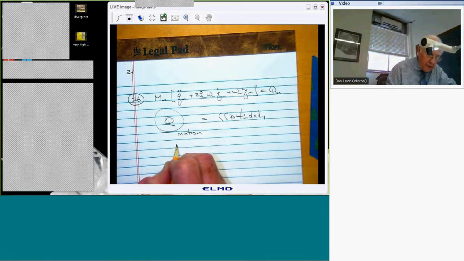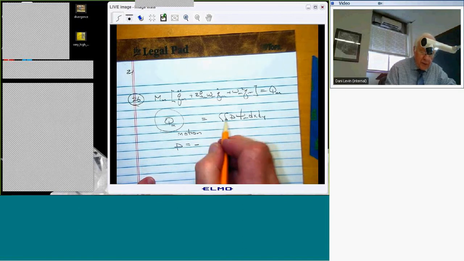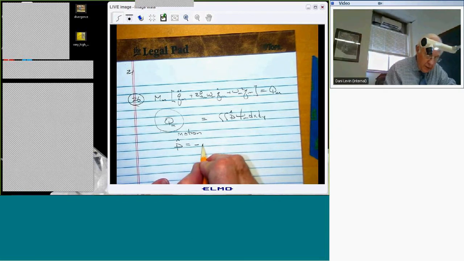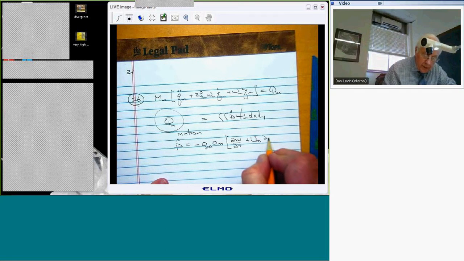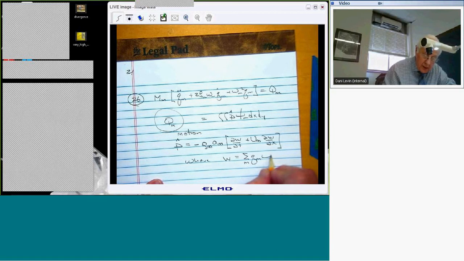And according to piston theory, the pressure is minus, this is the perturbation pressure, really the pressure difference from the mean pressure, minus rho infinity, a infinity, times dw/dt plus u infinity dw/dx, where again w will be expressed in modal form. It's the sum over all the modes of q sub n, psi sub n.